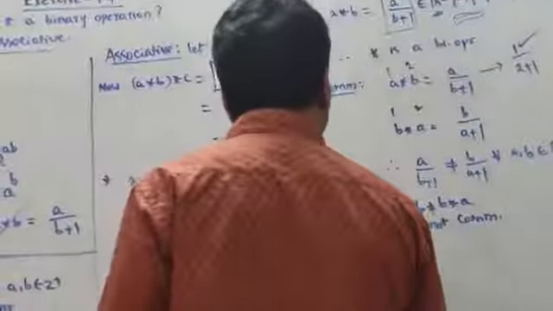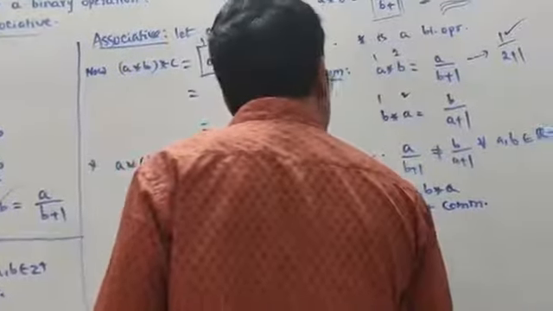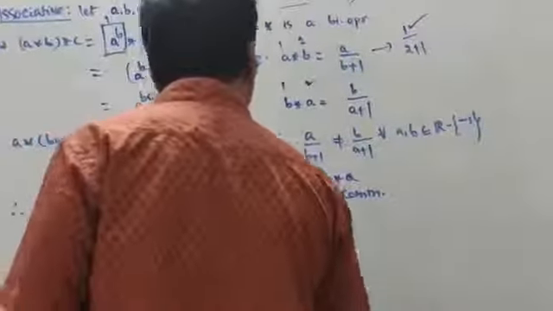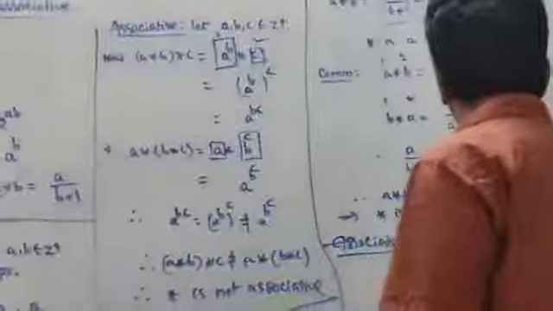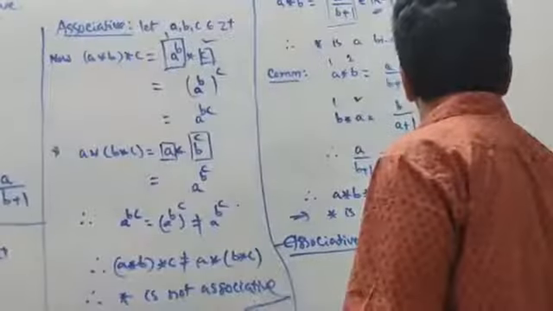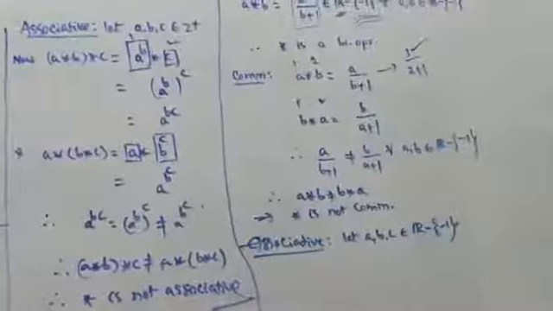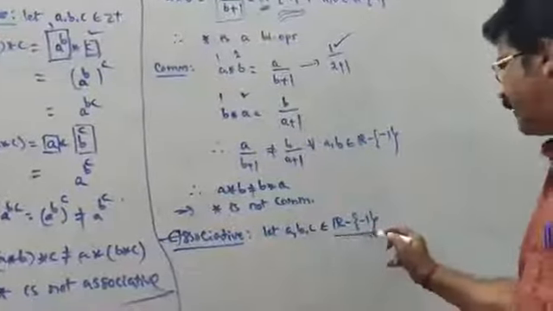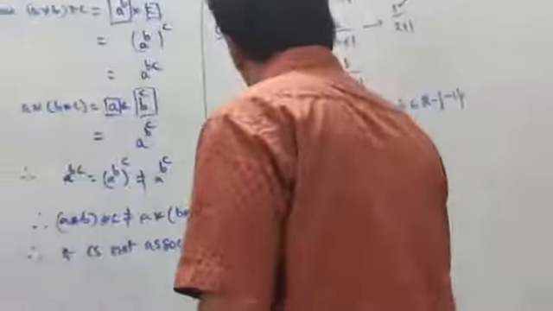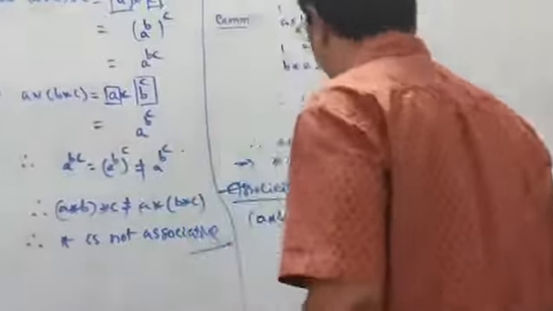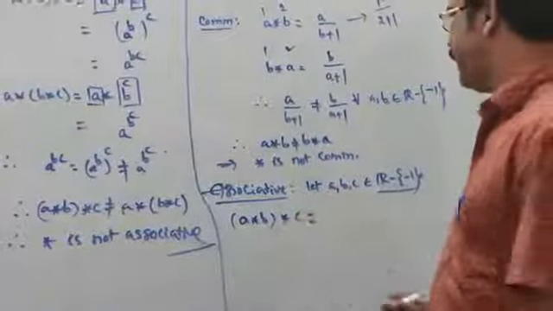Next, associative. Let A, B, C belong to any real number except minus 1. It is the given set. A star B star C: A star B is what?